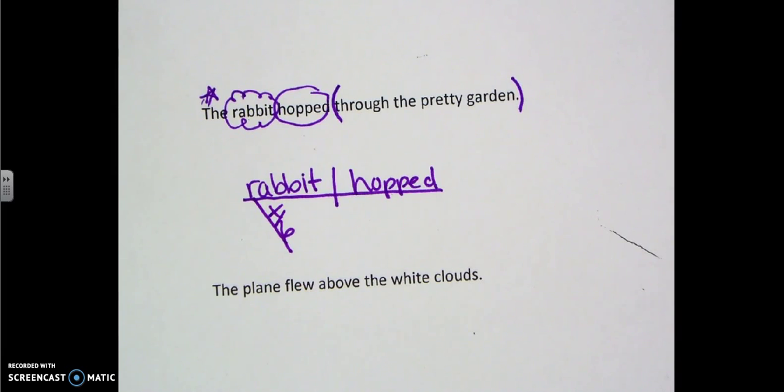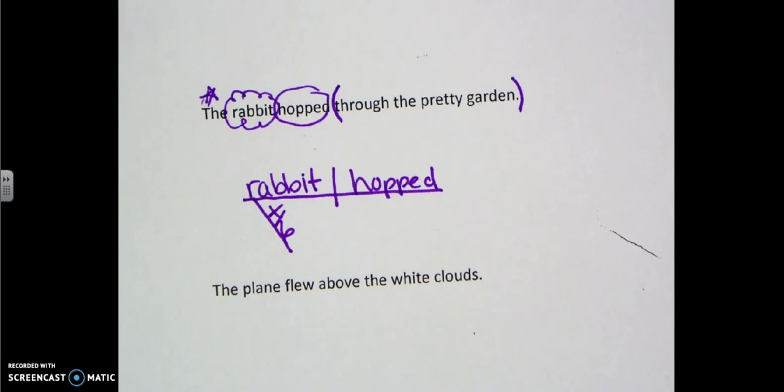All right, so let's look at our prepositional phrase. Through the pretty garden. Is it working as an adjectival phrase or is it working as an adverbial phrase here? We need to figure out where we're going to put the prepositional phrase, under rabbit or under hopped. The rabbit hopped through the pretty garden. So I can see in this sentence it's not really talking about the rabbit, but it's talking about where it hopped. It hopped through the garden. All right, the rabbit wasn't through the pretty garden.